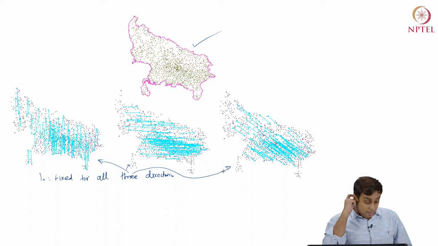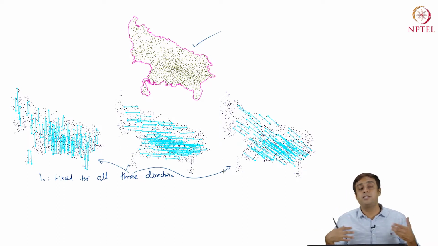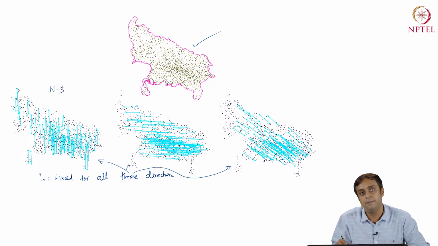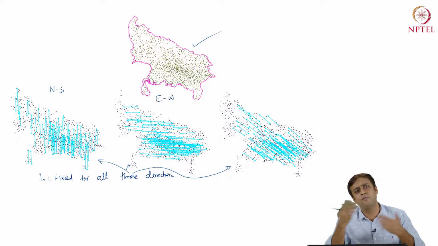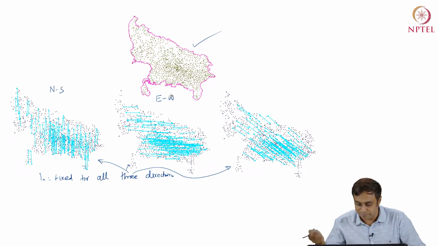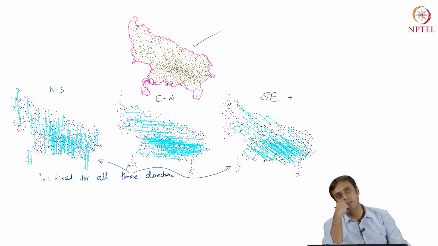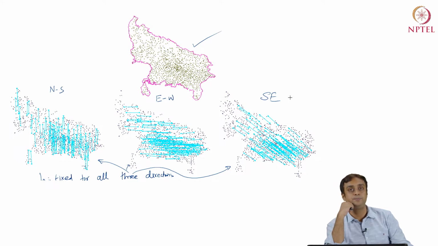What you see is that h is different due to its direction. In the first figure, we are looking at a north-south representation of a spatial lag. In the second, it is an east-west, or rather west to east, whichever you prefer. And in the third one, we are looking at a southeastern direction so far as the spatial lag representation is concerned.